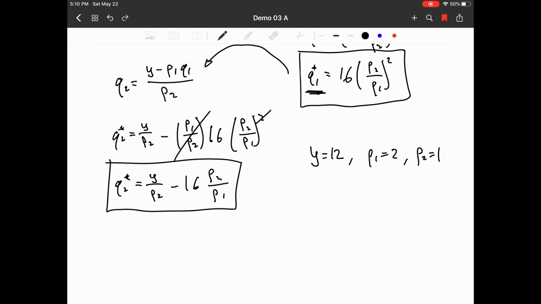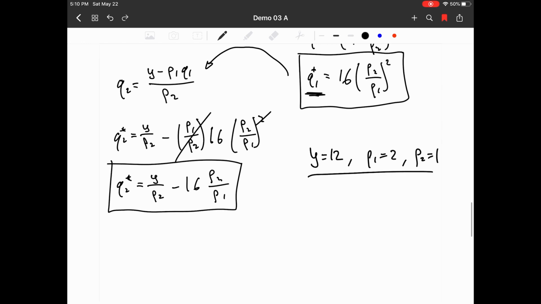Here, we can just take our values and plug them into our two relationships. So for the first one, Q1 star is equal to 16 times 1 over 2 squared, which is 16 over 4, which just comes out to be 4. So let's box this. Q1 star is equal to 4.